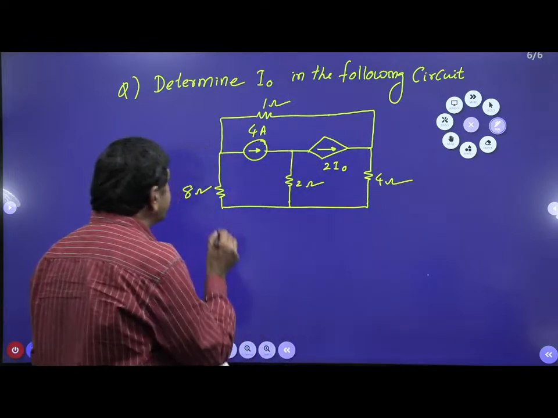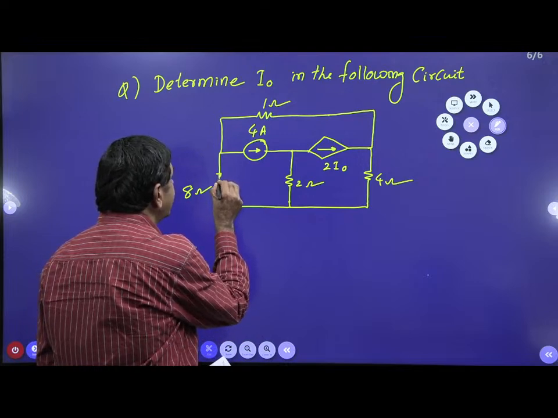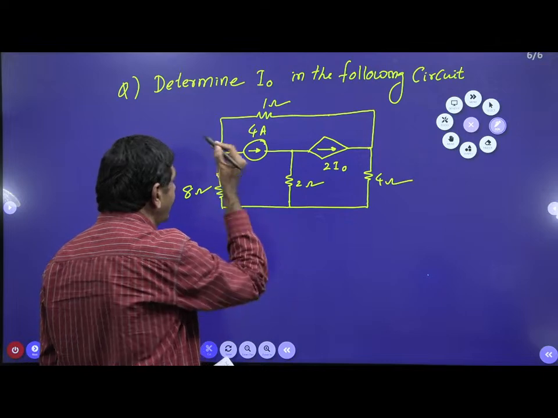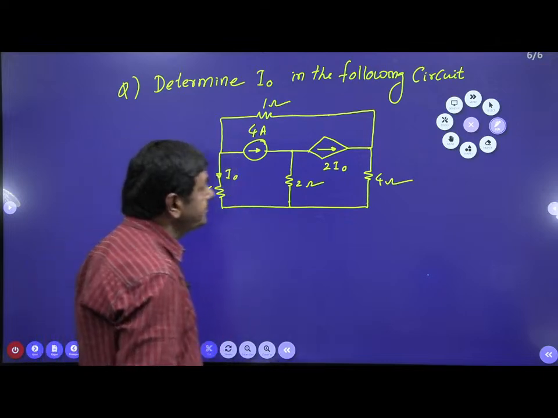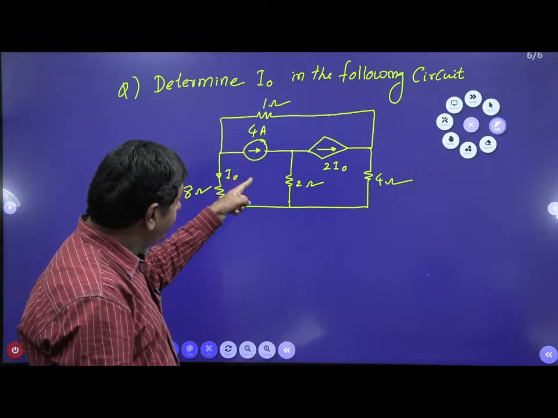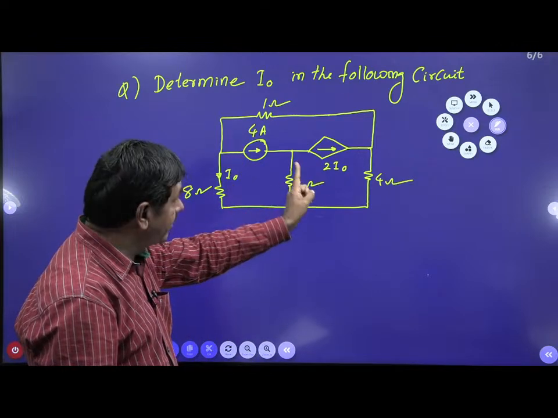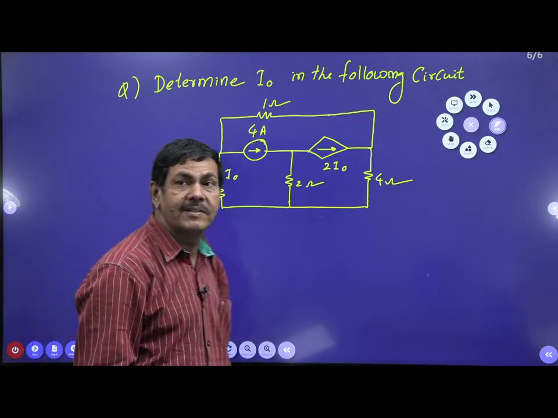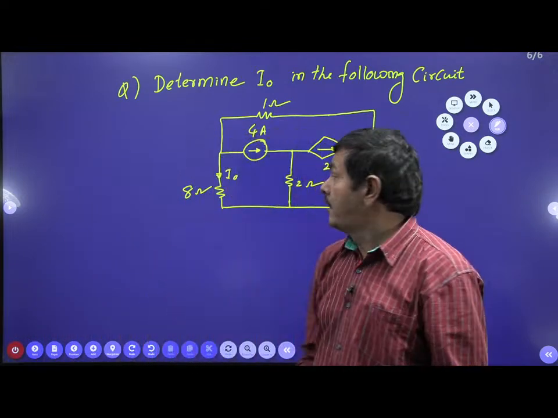The current passing through this side is I naught. I'll check the numbers: 1 ohm, 4 amperes, 2 I naught, 4 ohms, 2 ohms, and 8 ohms. Yes, these are the given values, and thereby the I naught value is required.